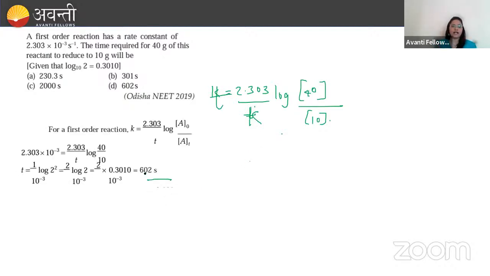Solve करो, you will get the answer 602 seconds. Yes, any doubt in this? Are you understanding this, right? Simple formula use करना है.